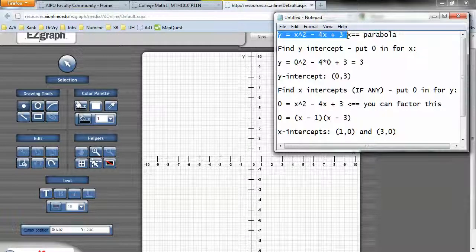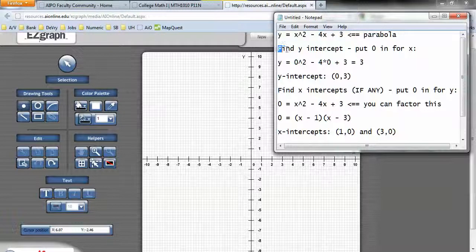This is a parabola, and what we want to do is, well, if it's going to have a y-intercept, every parabola that's a function of x does, and it may have x-intercepts. If it does, then we're going to use those two intercepts to get 3 points, 2 x-intercepts and 1 y-intercept.